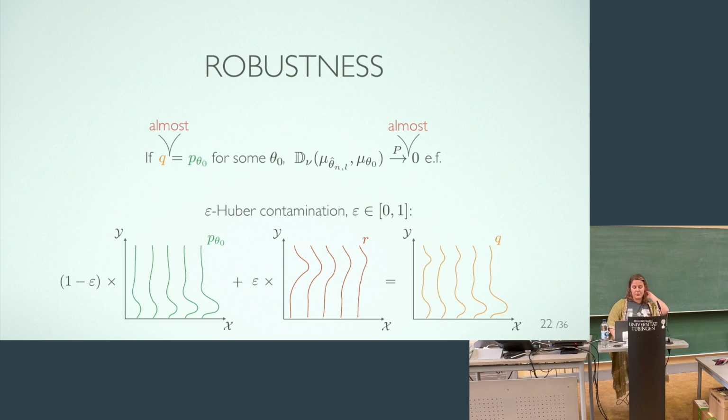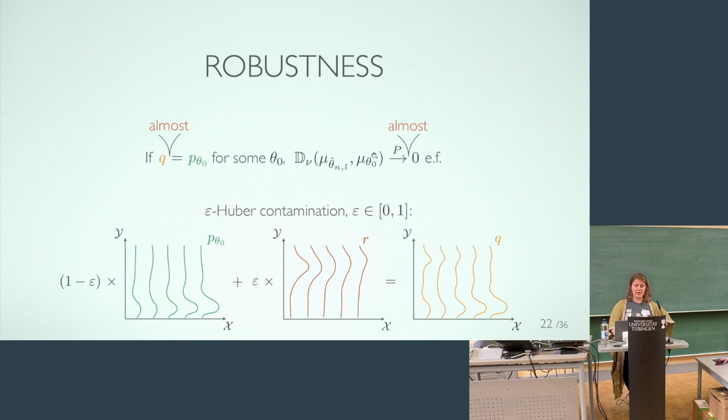We can formalize this through a construct proposed by Huber in the 1960s called epsilon Huber contamination, under which we assume that while Q is not equal to p theta 0 for any theta 0, it is a sum of p theta 0 times 1 minus epsilon, for a hopefully small epsilon, plus epsilon times some contaminating distribution R. What that would mean for samples from Q is that in expectation, a 1 minus epsilon proportion of the samples will come from p theta 0, so we'll be in a well-specified case, and epsilon will come from R, the contaminant distribution.